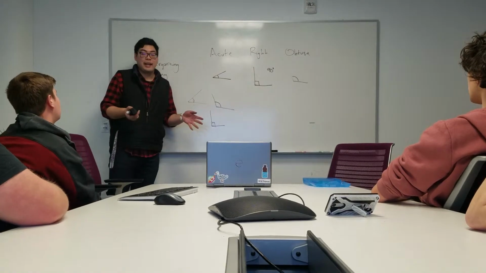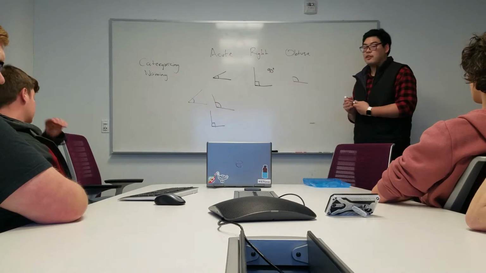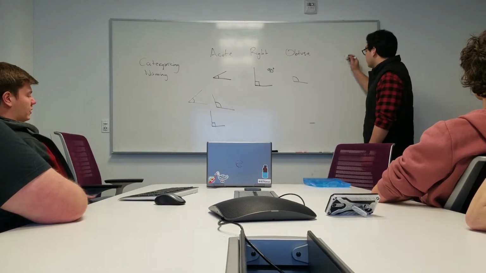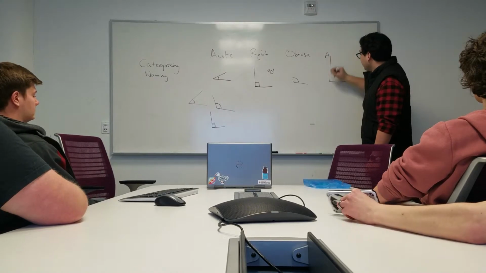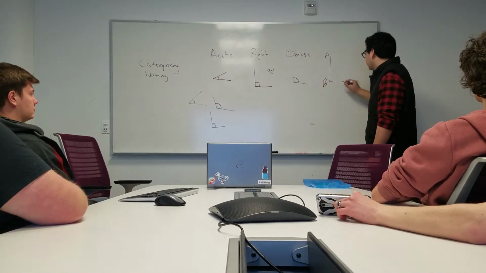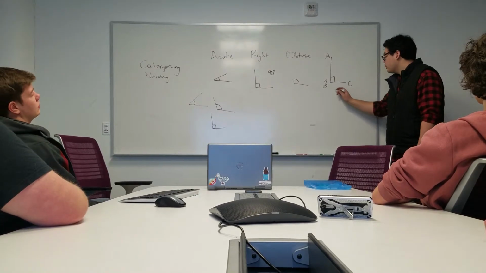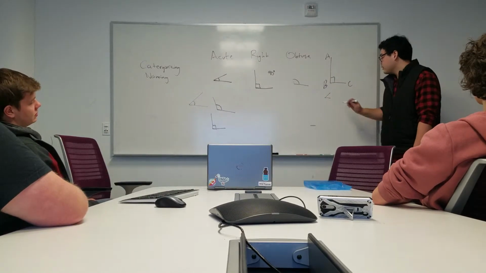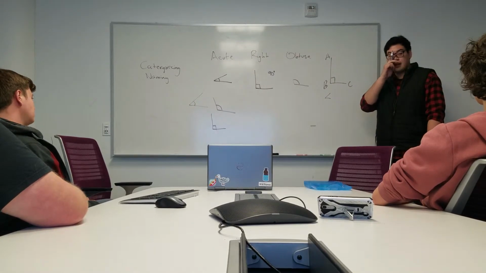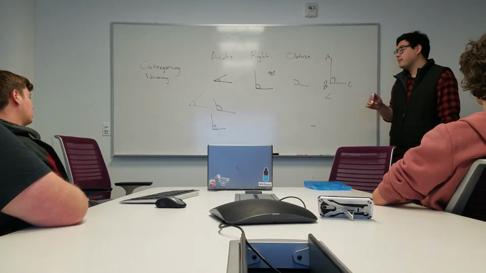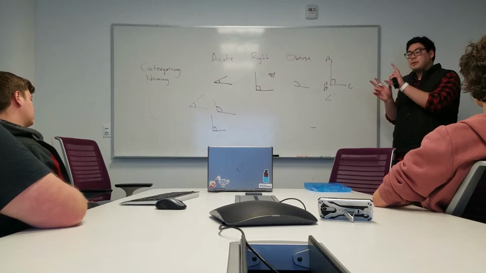Now for naming angles. Typically you'll see letters around the angle. For example, I'll do a right angle here, and let's say it's called A, B, C. When you name angles, you show this symbol to say that you're naming this angle. There are two ways you can name it, but the most important part is that you get the vertex, which is where the two lines meet to form the angle.